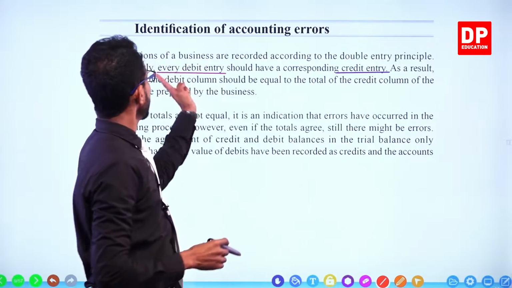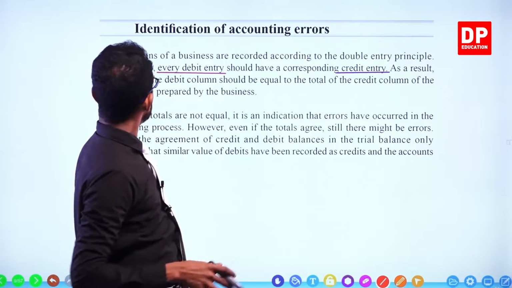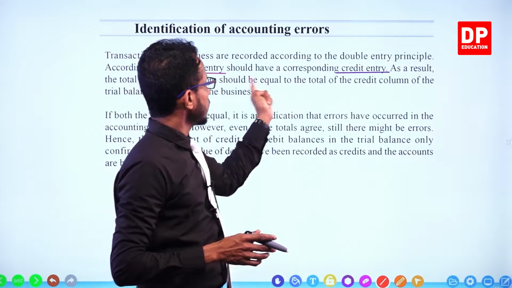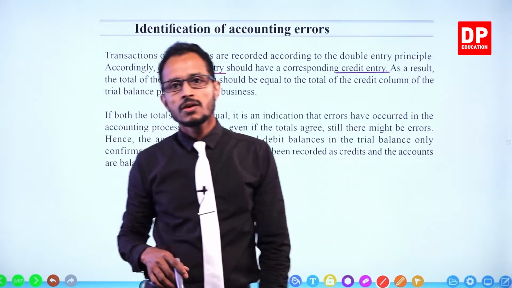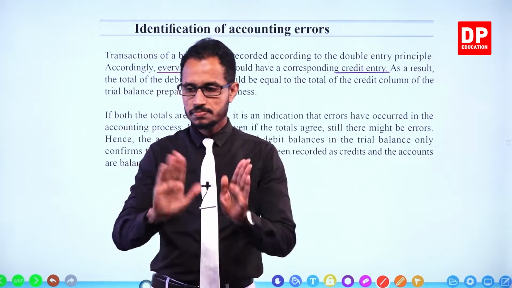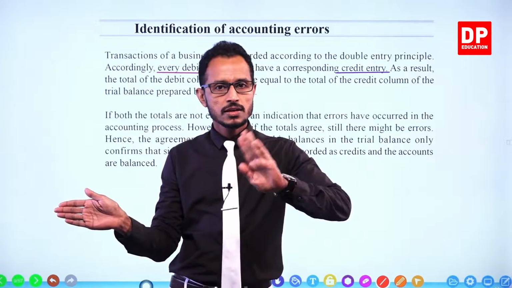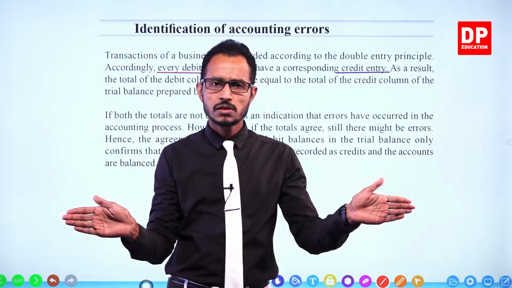Every debit entry should have a credit entry, which means when the total of debits is taken, it should be equal to the total of the credits.